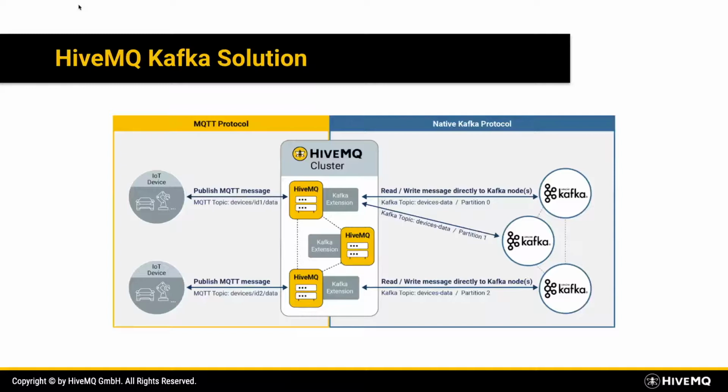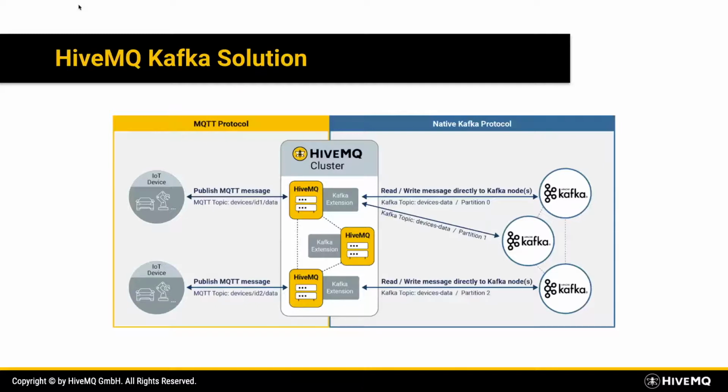So we do it really in both directions. And very important to note also is in both directions, when I'm talking about getting the MQTT message and writing it to Kafka, as well as getting the Kafka message and sending it to the IoT device, you also have very extensive customization options on the messaging.